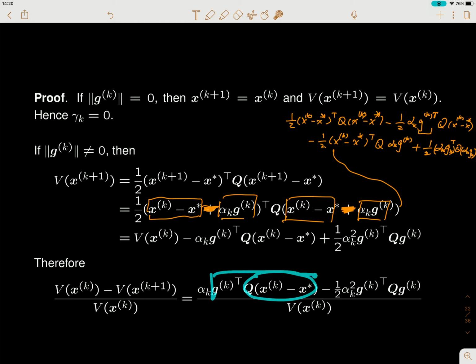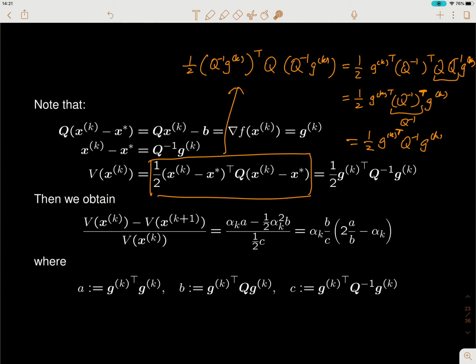So the inner product of gk with gk itself gives me the squared norm of gk. Right? So the whole thing here is just alpha k times the squared norm of gk. So that's what we define A to be, the squared norm of gk, or the inner product of gk with itself. Then the first term just becomes alpha k times A.